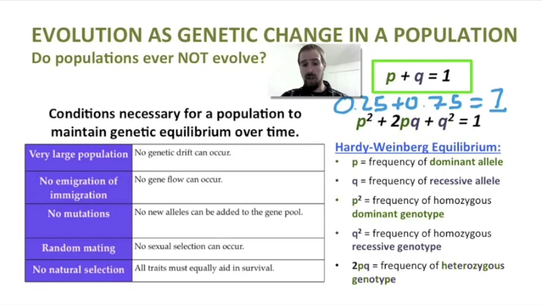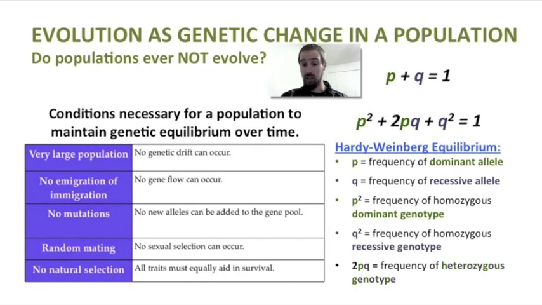So, if we know what the gene pool looks like for one generation, we can predict what the next generation will look like mathematically, providing that the 5 conditions for maintaining equilibrium are met.